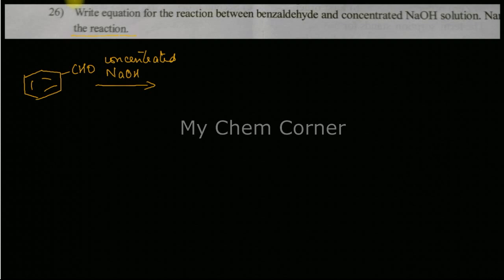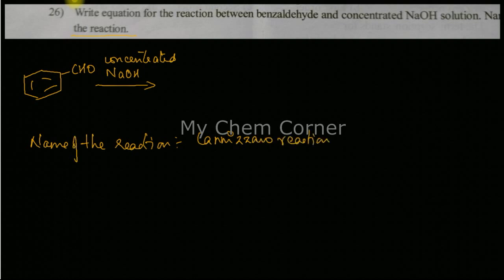So of the name reactions that you learned under aldehydes ketones, there's only one reaction where concentrated NaOH is used, and that name of the reaction is the Cannizzaro reaction.